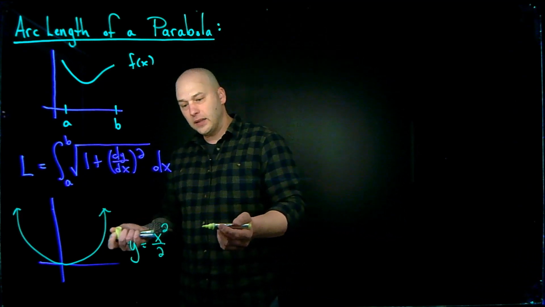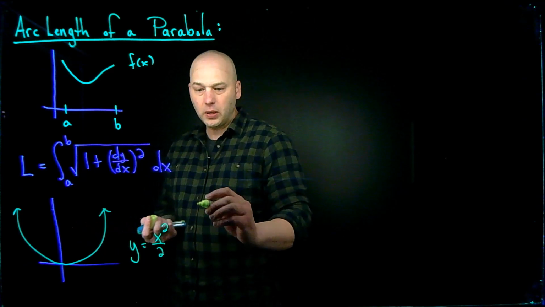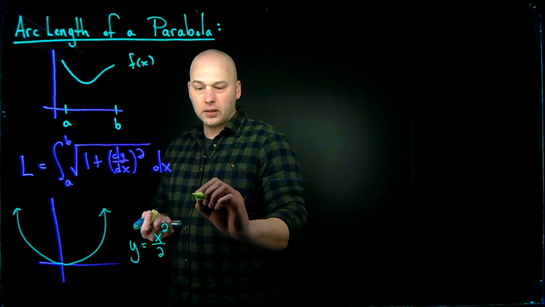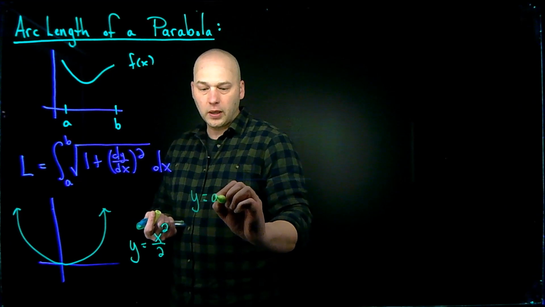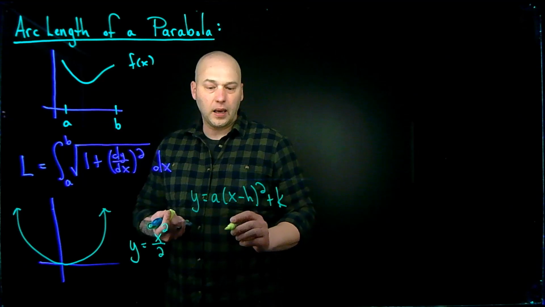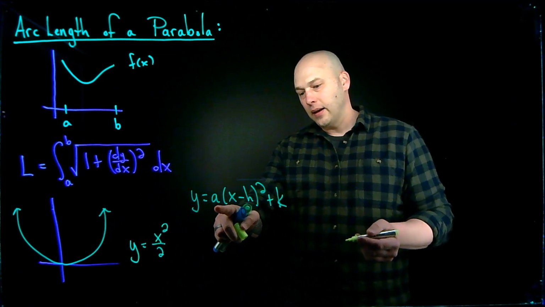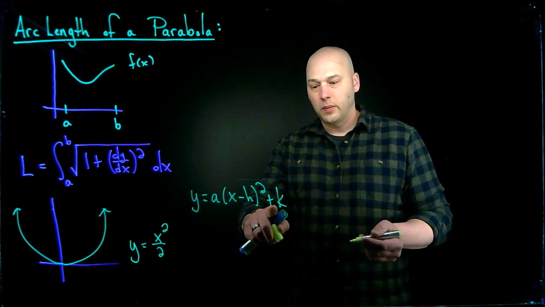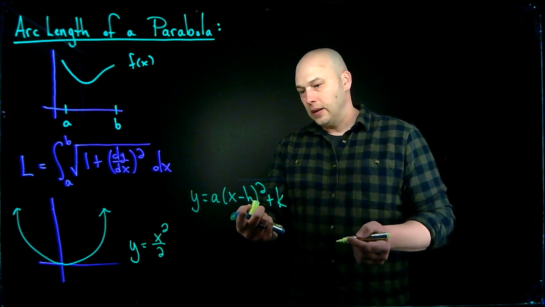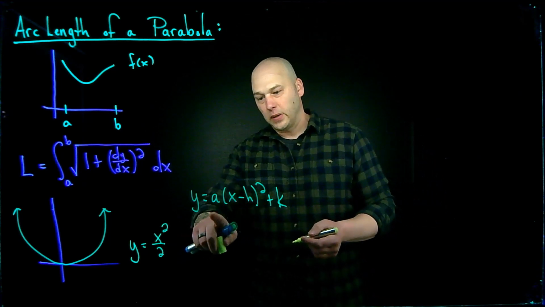This will generalize to any parabola, because any parabola can be written in standard form, which is a times (x minus h) squared plus k. With a u substitution, it would just be a times u squared plus k. But the derivative of a constant would go away, and it would basically be a u squared.